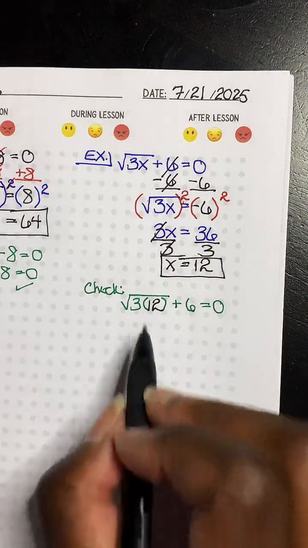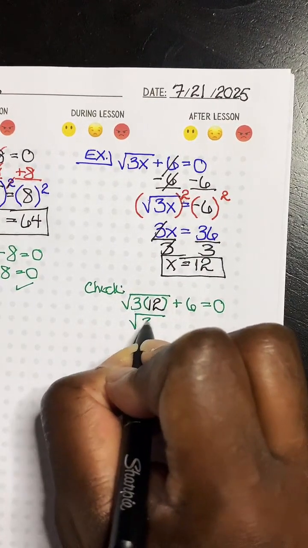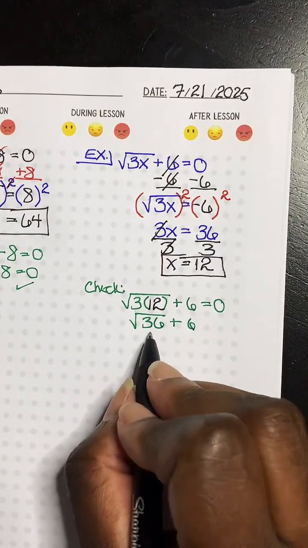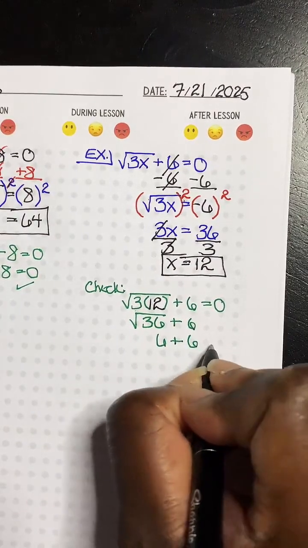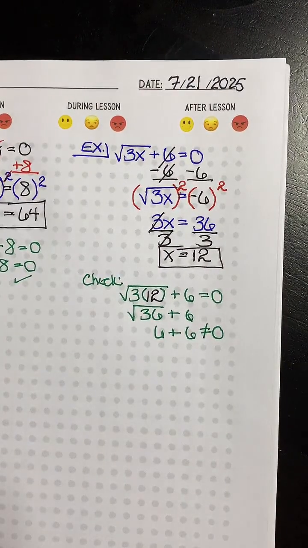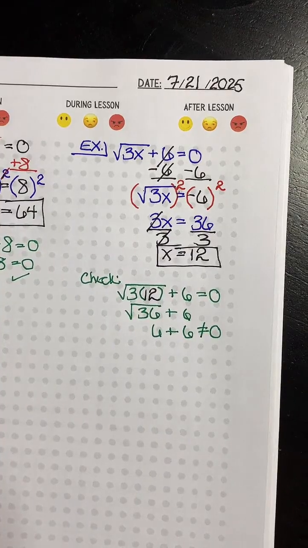So 3 times 12 gives me the square root of 36 plus 6. The square root of 36 is 6, and 6 plus 6, oh no, that does not equal 0.